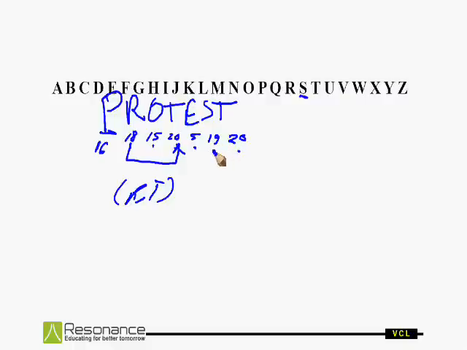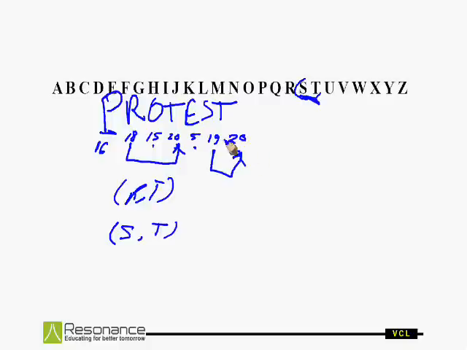Again 19 and 20 is the second pair of alphabets which consists of as many letters in between as in the alphabetical series. Now we know that there is no letter between S and T in this word as well as in the alphabetical series. S and T are consecutive alphabets in the alphabetical series also. So this is the second pair which consists of as many letters in between as in the alphabetical series.